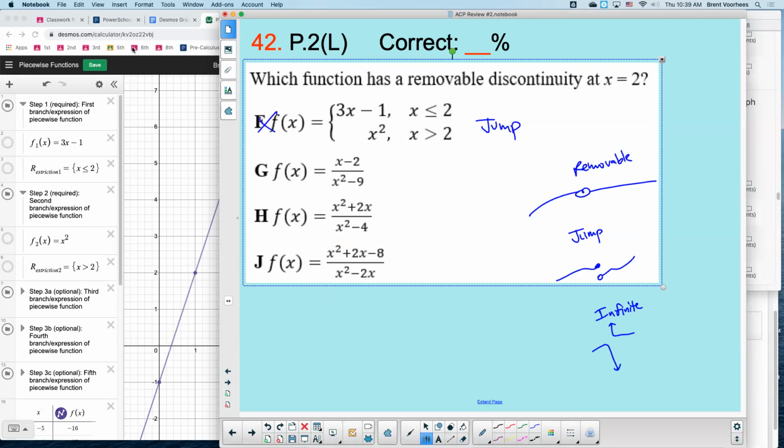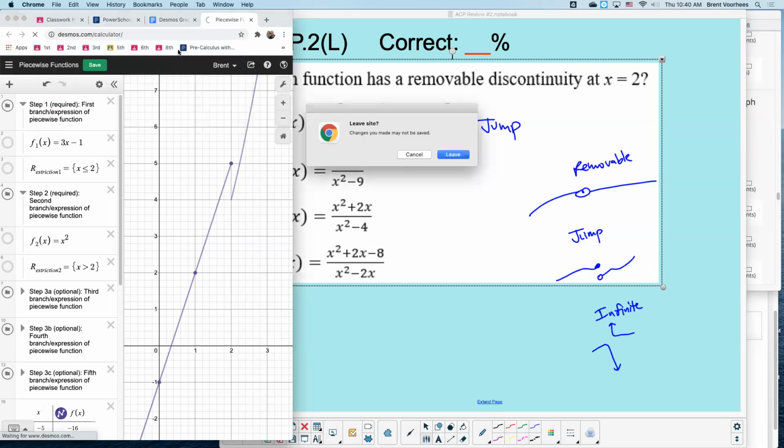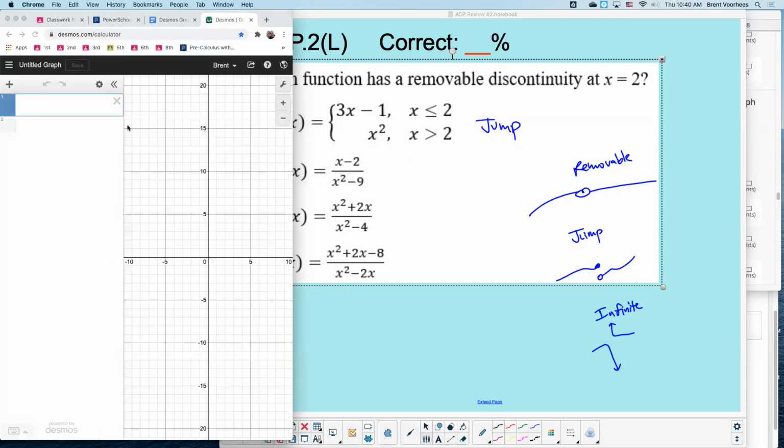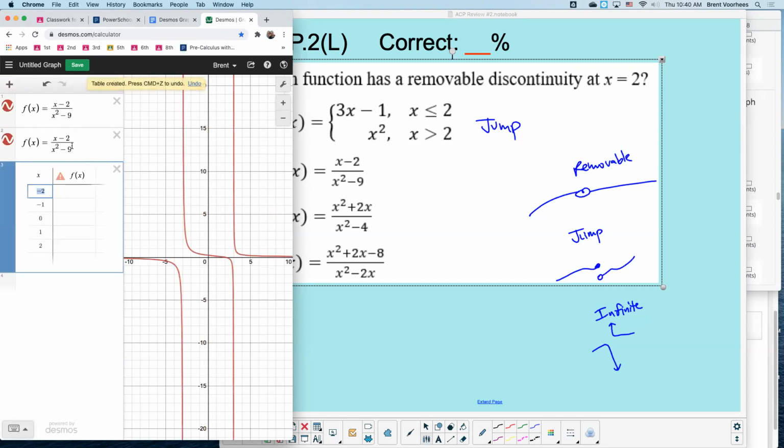Okay, so now I'm going to try the next one. Because none of those are piecewise, I'm just going to delete the crazy letters here and get a clean graph. F of x equals x minus 2, forget the division sign, over x squared minus 9. And what we can do is change this to a table, and we want to look at the value at 2.